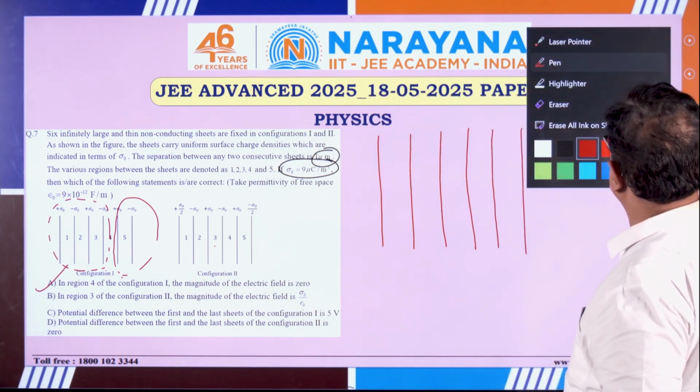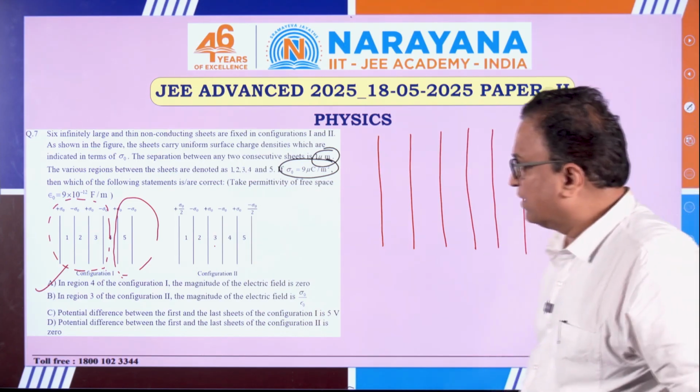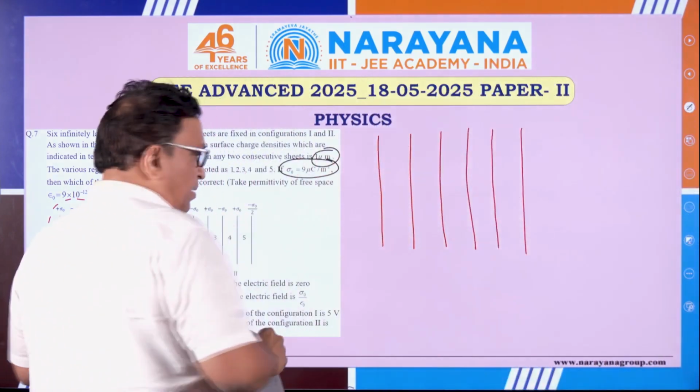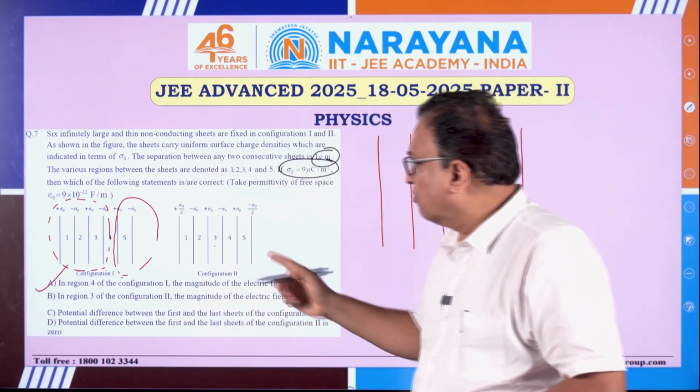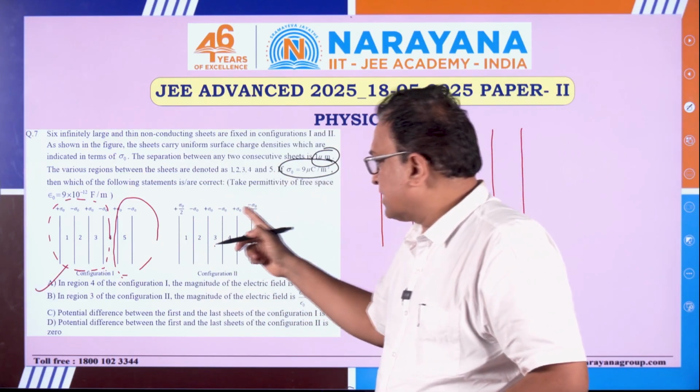To avoid confusion, I'll change the color of my pen again. Practically the net charge of this system is 0. You may ask me how. Cancel, cancel, cancel, cancel, cancel, cancel.